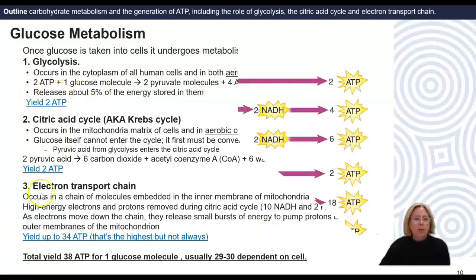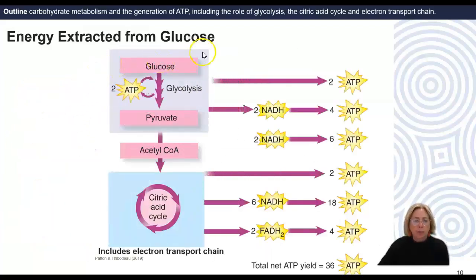Okay, so if we look at a summary here of the energy extracted from glucose, here we have glycolysis. So we have glucose being converted to pyruvate. You need 2 ATP molecules to do that. And it produces 4 ATP molecules, but then the net ATP is 2. And then we're going to go through the citric acid cycle, or the Krebs cycle, and the electron transport chain.